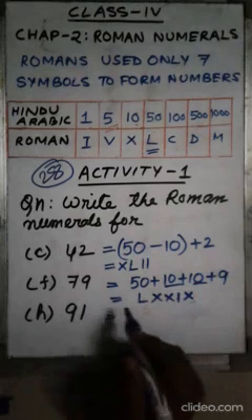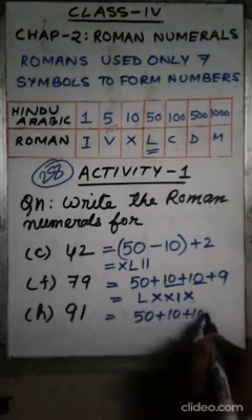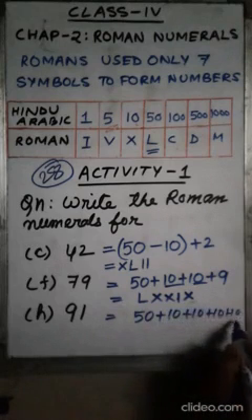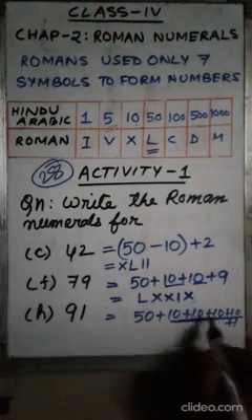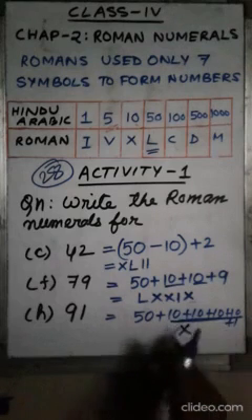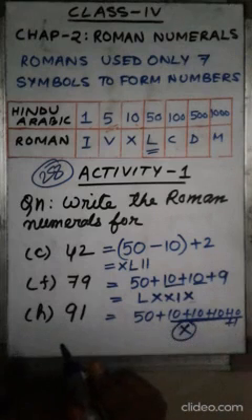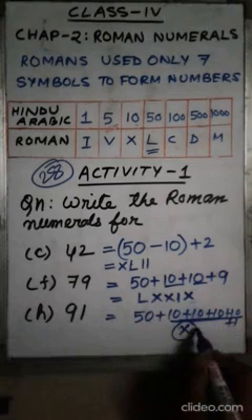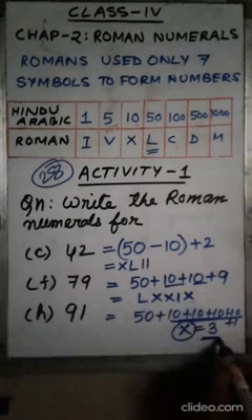For 91, I cannot write 50 plus 10 plus 10 plus 10 plus 10 plus 1. Why? Because there will be 4 tens. We cannot write this symbol 4 times. I have told you in the rules, I can use this symbol only 3 times, not more than that.